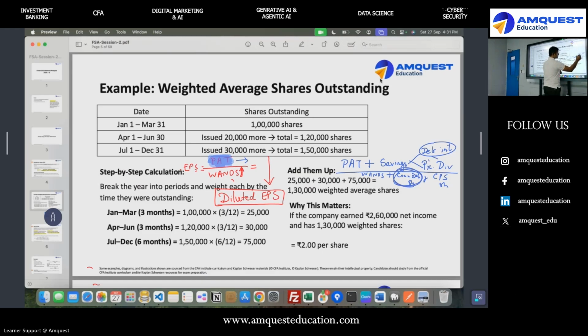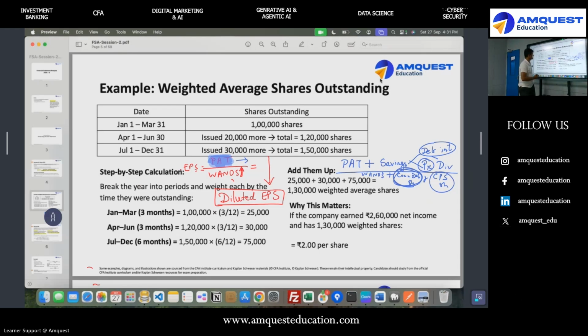I will add the savings of preference dividend and add the shares from the preference shares. Clear? See, if you're going to cancel debentures, I'll cancel debenture interest also. If I'm going to cancel preference shares, I'll cancel preference dividend also. So the numerator will increase by savings and the denominator will increase by the potential number of shares that will be converted. Are we clear? Any questions?